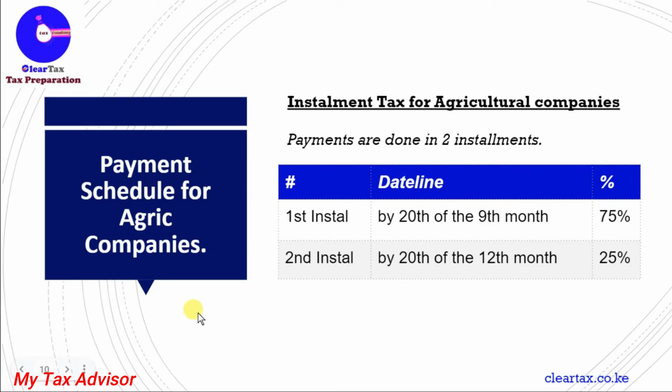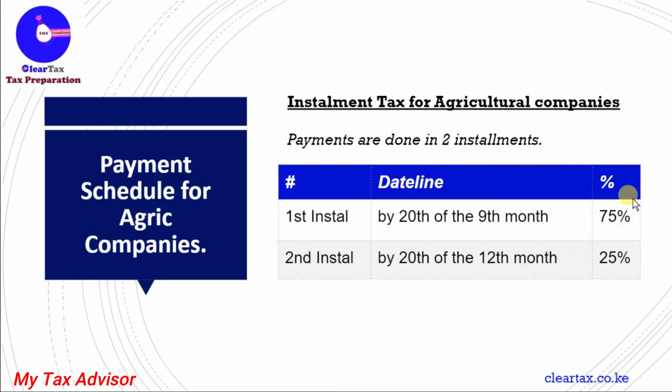Now there's a slight disconnect between agricultural companies and these other companies. So for agricultural companies, they have a preferential treatment, whereby they pay in 2 installments, and the first installment is paid by 20th of the 9th month, that is September, if your accounting period ends in December, and then the second one is done by 12th month.